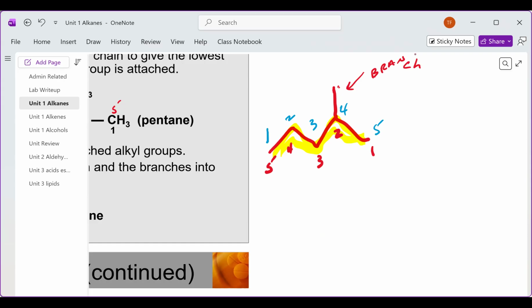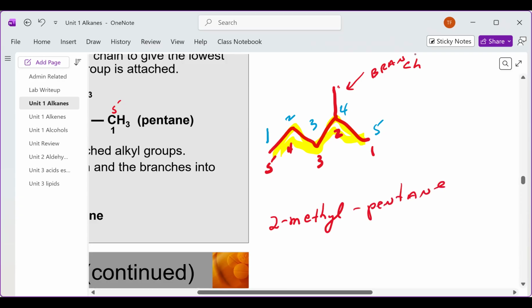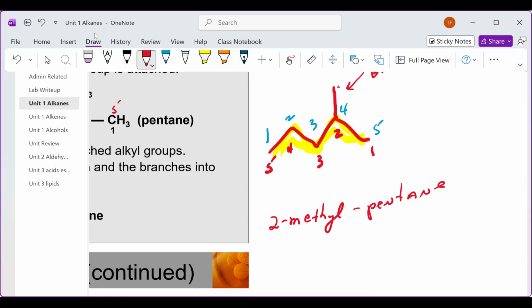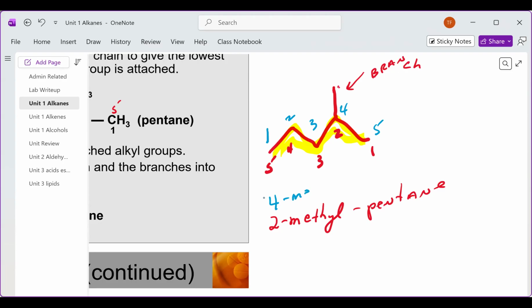That's going to be 2-methylpentane using the red numbering system. If we use the blue numbering system, it would be 4-methylpentane. Question is which is right?